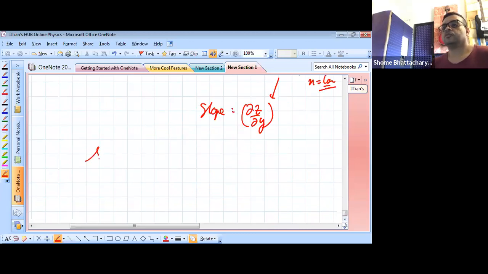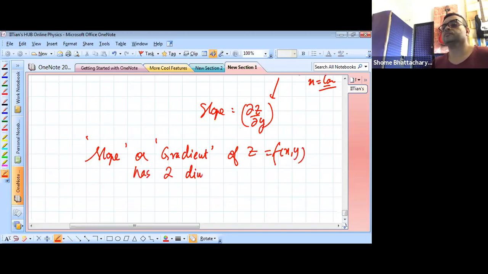So that is why we say that the slope, or gradient, of z, which is a function of x, y, has 2 dimensions now.